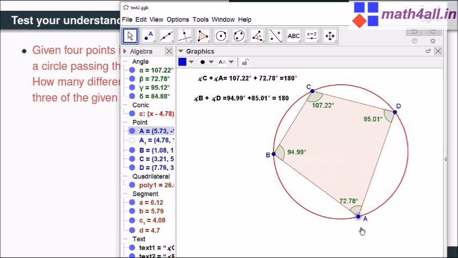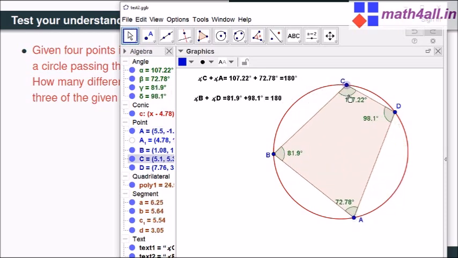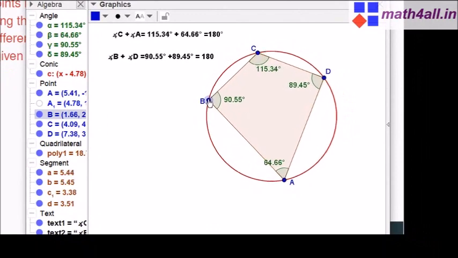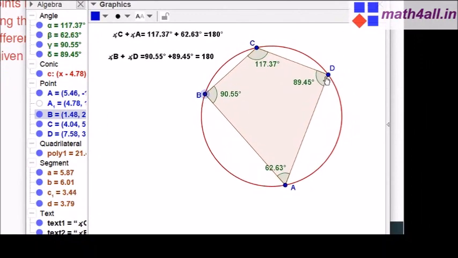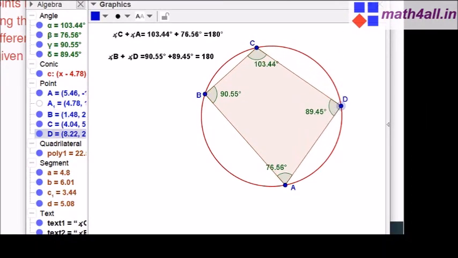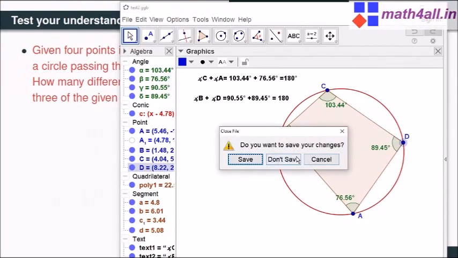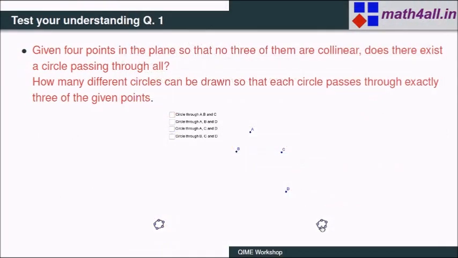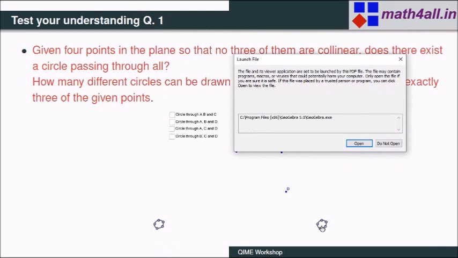So that gives a way of saying that yes, this will be possible once these points have this property. So there is a possibility of passing a circle through them. And you can move around these points. Points could be anywhere, but the circle is the same. Okay, so you can do that.